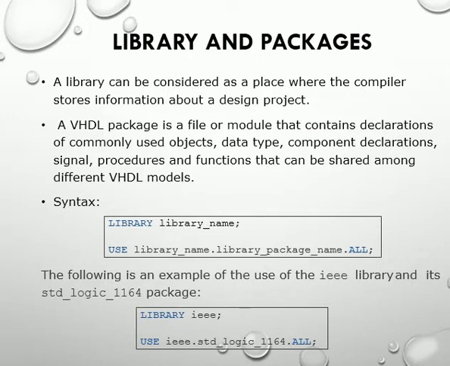Whenever we want to use any package, we need to define a library, that is, the library in which that package is present, and then use a use clause to add that package. In our earlier session we discussed how to declare a library. We use the keyword library and then the library name.